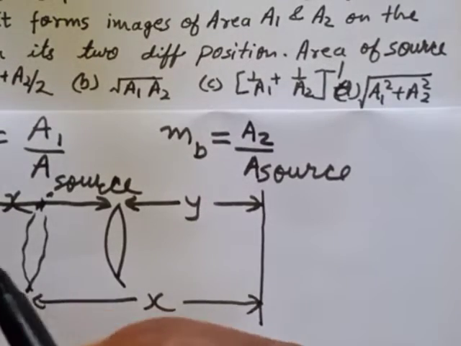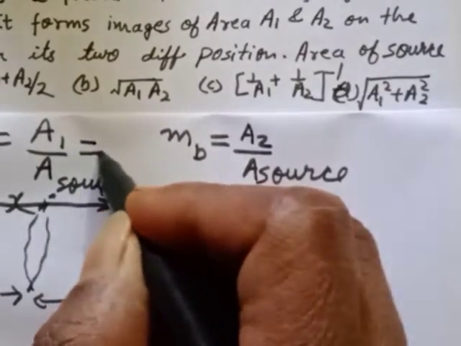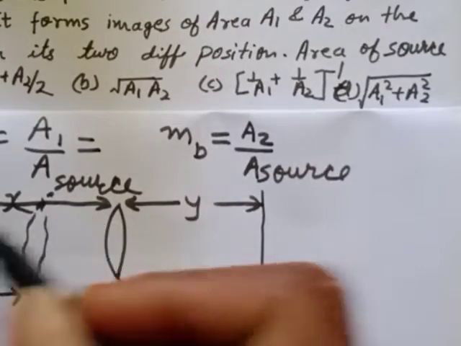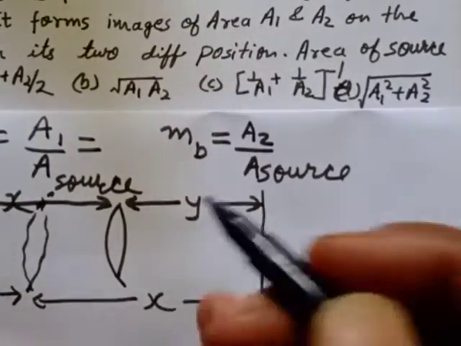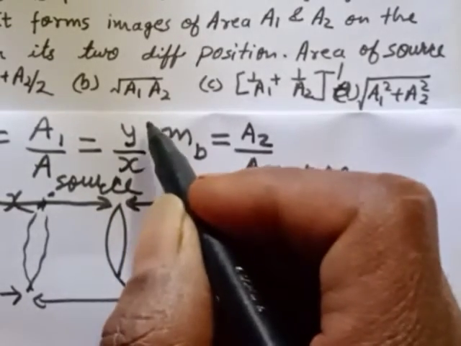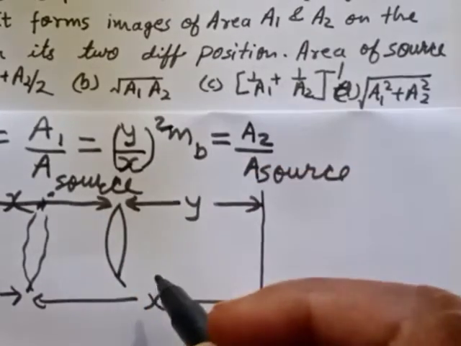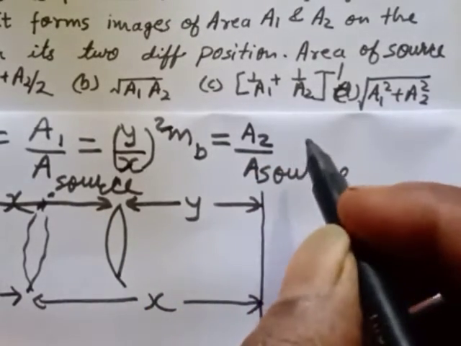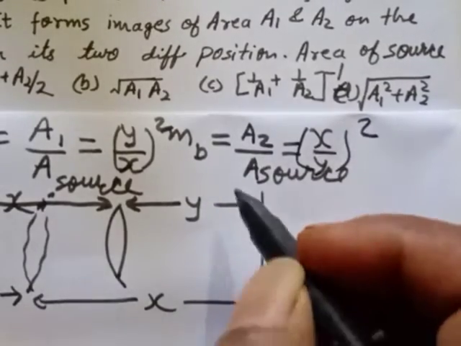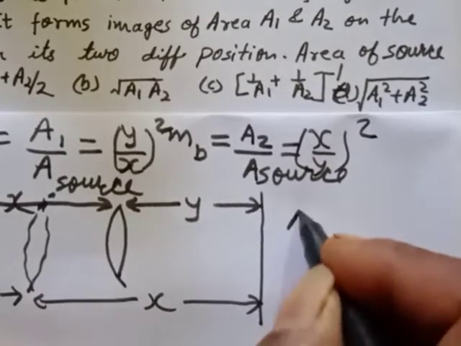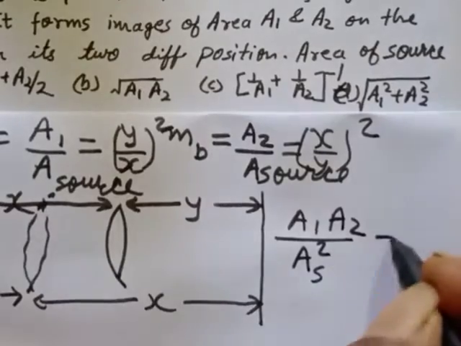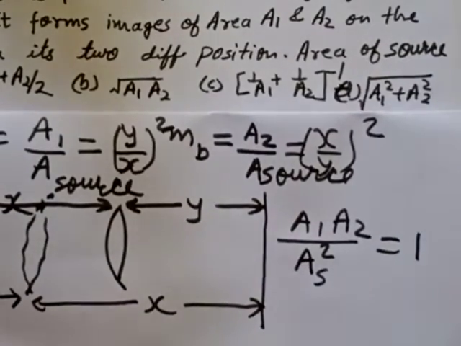So if we follow this pattern, then in case 1, let us suppose the image distance is y and object distance is x, then it will be y by x square. And in the same way, here it will be x by y square. And if we multiply both the equations, we will get A1 multiplied by A2 upon A source square, and that is equal to 1. And now you can solve it yourself.